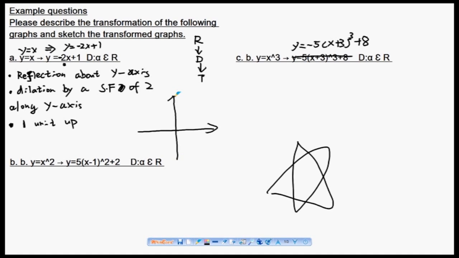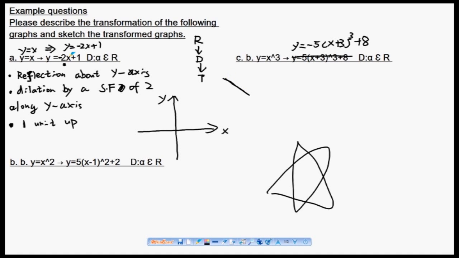Okay, let's draw the graph. We know the standard graph of y equals x is just a straight line like that. After a reflection on the y-axis, it would look something like that. It should look like something in this shape.